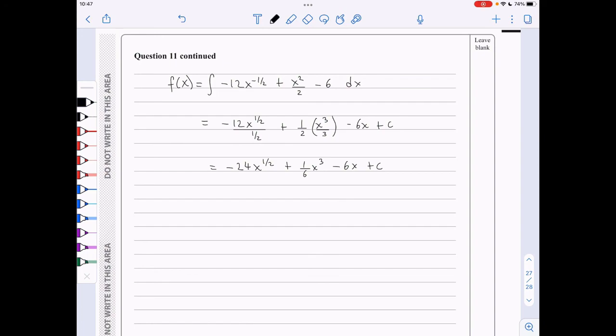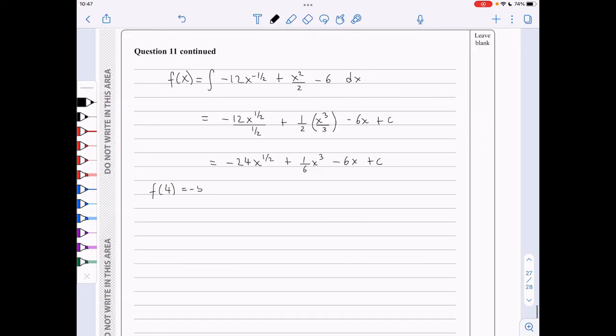And I will now use the fact that f of 4 is minus 50, the coordinates of P, to substitute and find the value of the new constant c. So negative 50 is minus 24 times 4 to the half plus a sixth times 4 cubed minus 6 times 4 plus c, which leads to minus 50 is equal to minus 184 over 3 plus c, and therefore 34 over 3 is equal to c.